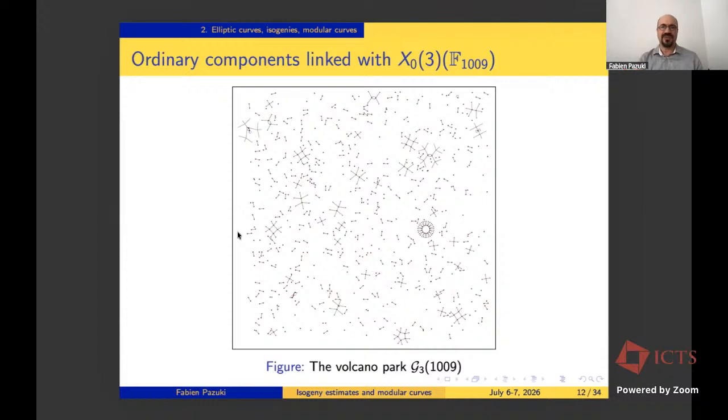What are these points? Reminder: each point, like this point here, is a J invariant of an elliptic curve over this field, F 1009. So basically, on this map, you have almost 900 points, something like that. I put aside the supersingular ones. You don't see them here, but you have a lot of points.